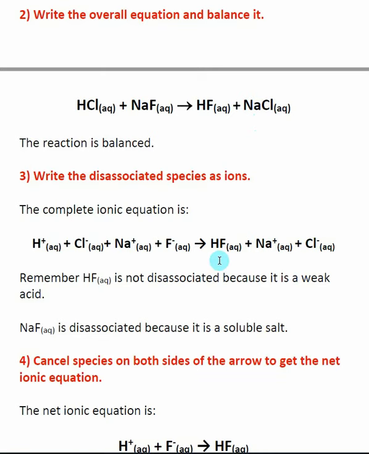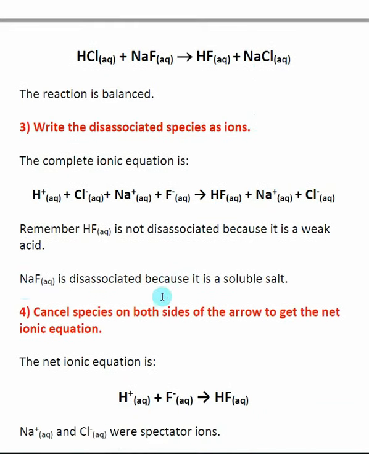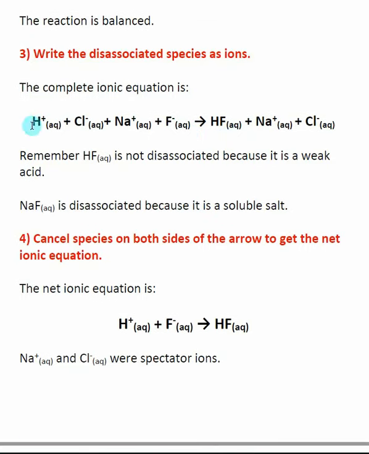Once again, one of our products is a weak acid, so that's very common. And as always, like I mentioned, NaF is dissociated because it's a soluble salt. Now it's really F minus that is the weak base that's going to be involved in this reaction. And we will see that when we get to the net ionic equation. So the next step, I cancel the species on both sides of the arrow.